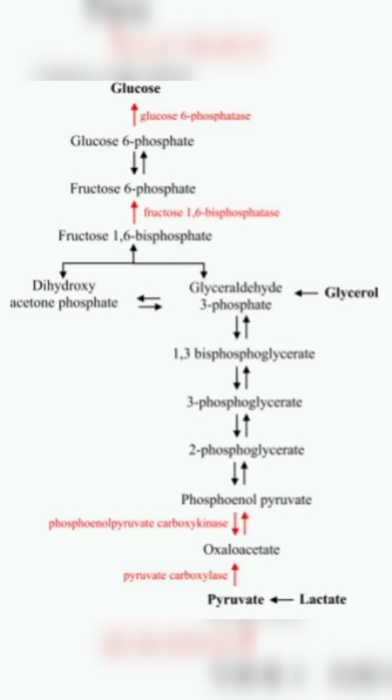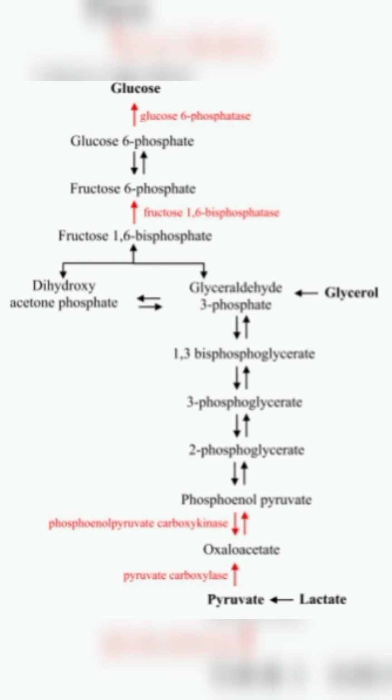Like this, our liver helps to make glucose from lactate or pyruvate, and sometimes from glycerol. From where does glycerol come? Glycerol comes from triacylglycerol, I mean from fats.